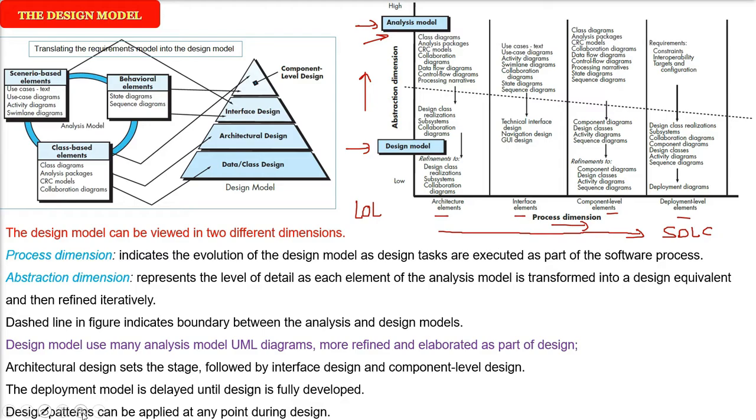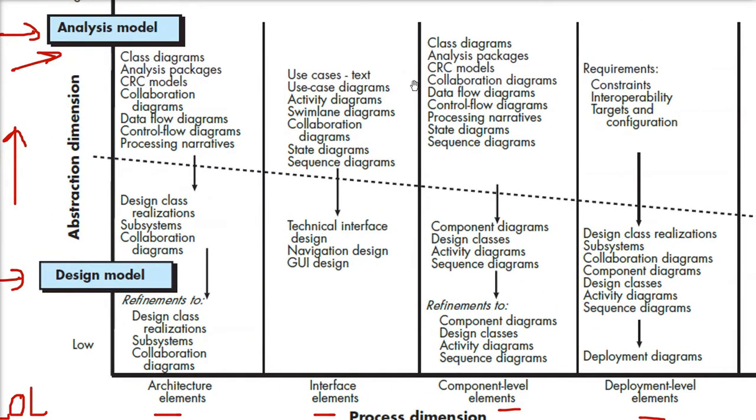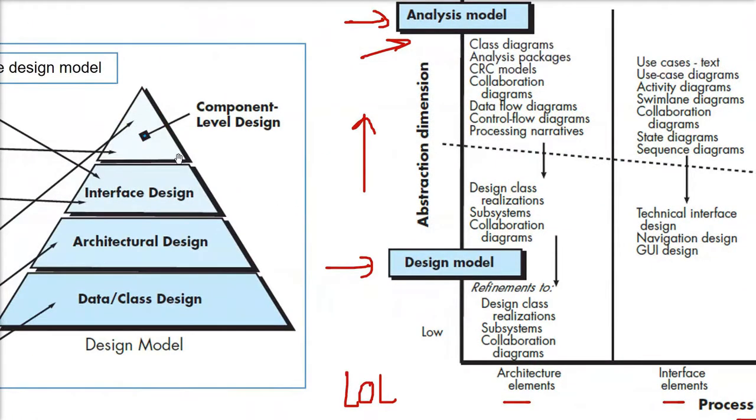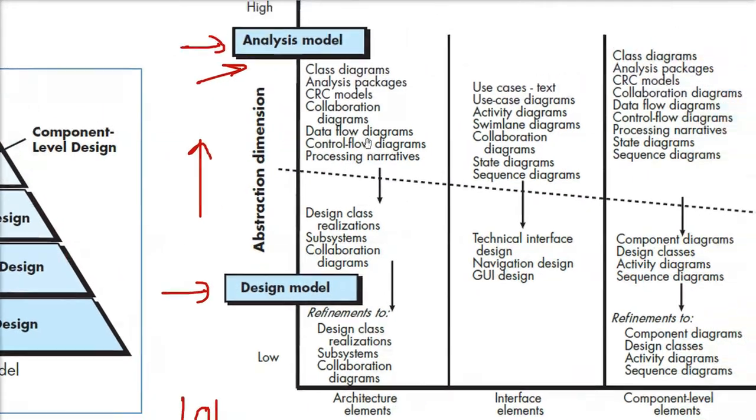Now let us see this figure once more. In the analysis model, we have created various UML diagrams or various models. For example, to make the architecture, from where are you going to get the inputs? Actually, you are translating the requirement model into the design model. So exactly the same thing is happening here.